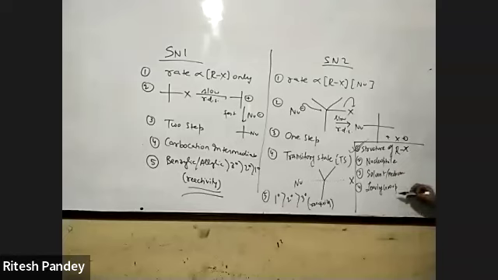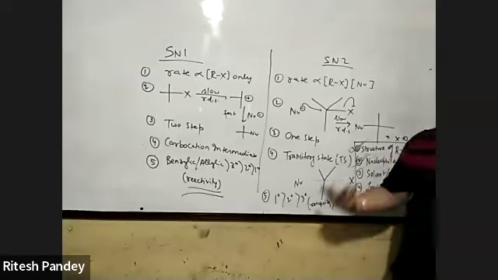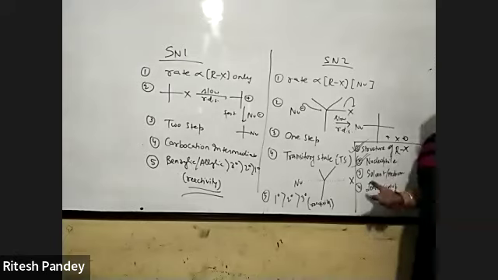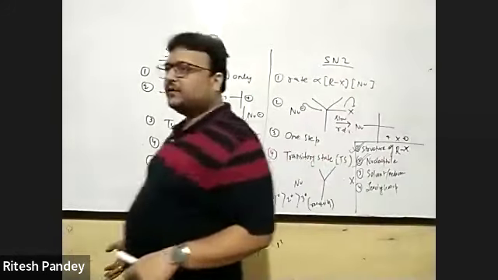But by and large, factor 1 and factor 2 would have a more crucial role to play. 1, 2, 3, 4 is also the sequence in which they'll affect the chances of either Sn1 or Sn2.